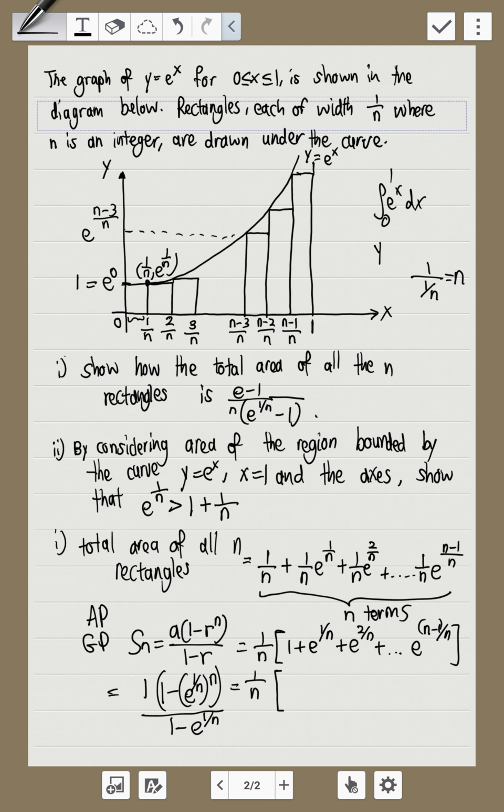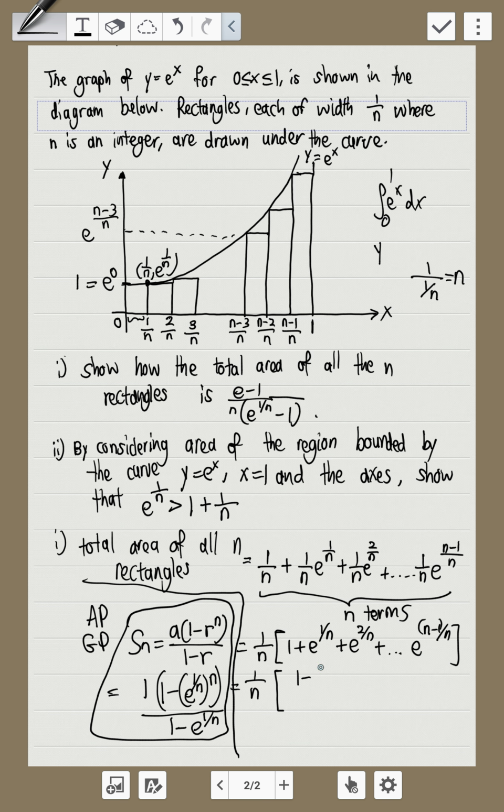So my sum to n terms is just this part. I'm just going to put this formula inside here. The equal sign is a bit misleading. This part Sn is only to describe the series, it has nothing to do with the other part.